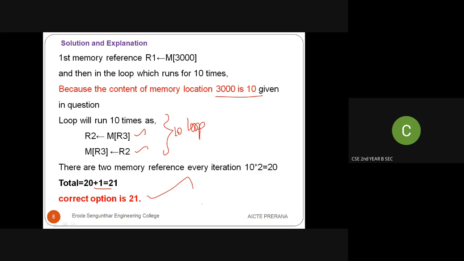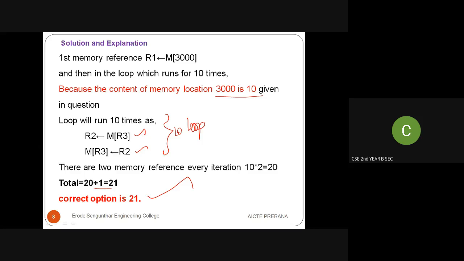These are all basic numerical computer architecture problems. In computer architecture, numerical problems play a very important role. These problems are very simple and easy to analyze, so it will be better to understand.